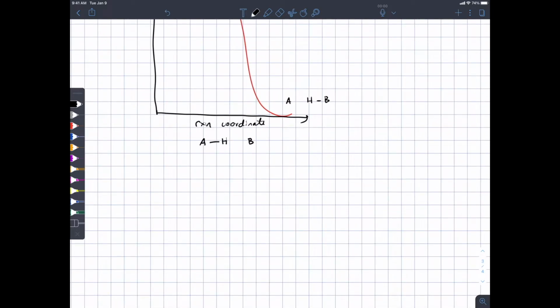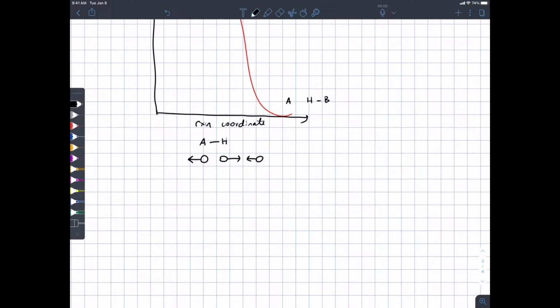The vibration that corresponds to the reaction coordinate, what do I mean by that? Well, as the reaction progresses, we expect A to move this way, we expect hydrogen to move this way, and we expect B to move this way.